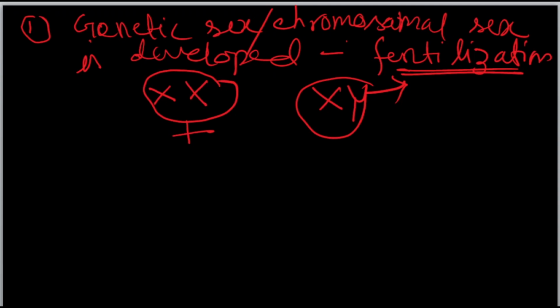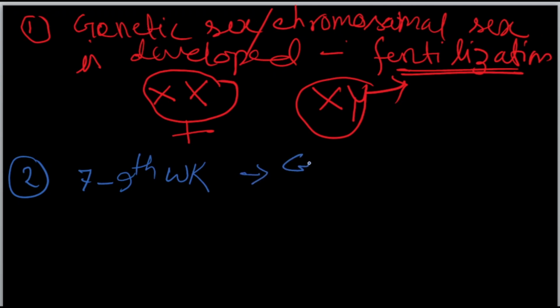Now, the second part: at first the gonad remains indifferent. Then, at the 7th to 9th week of development, gonadal sex is differentiated.